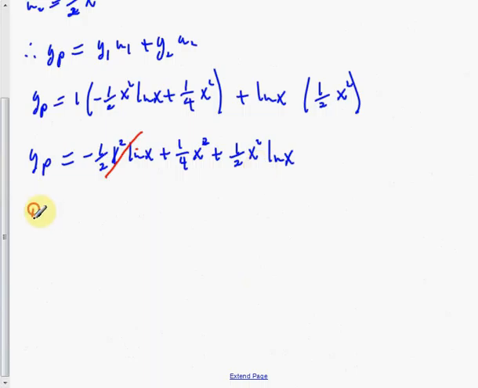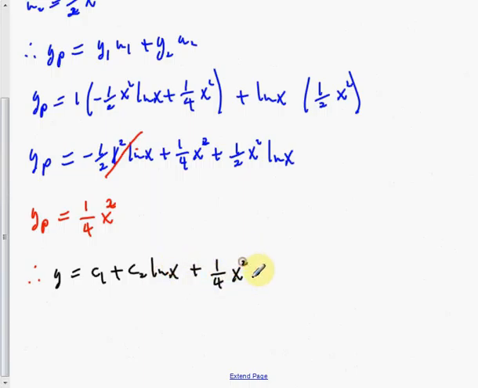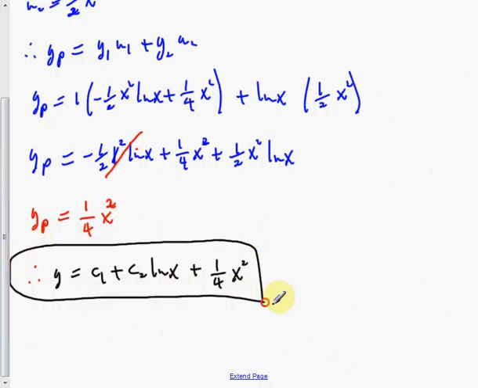But at the same time, maybe you did something right. Well, not necessarily. So then the final answer, we don't like red. It's hard to see. So this is c sub 1 plus c sub 2 times the natural log of x plus y sub p, which is just plus the 1/4 x squared. I thought the other problem was going to be longer.